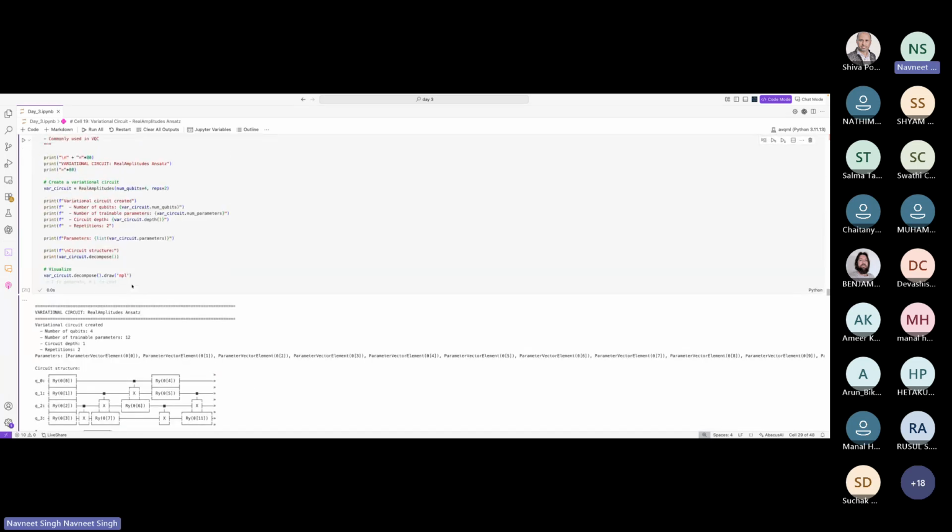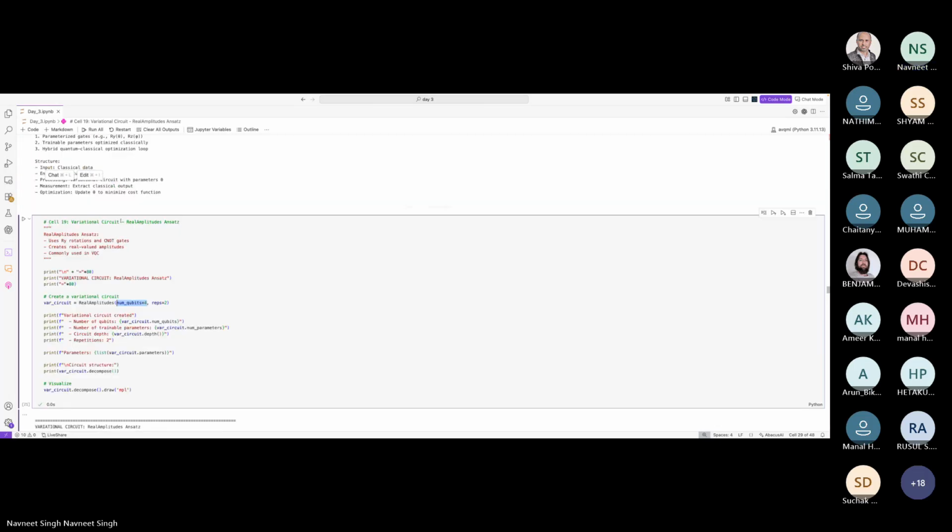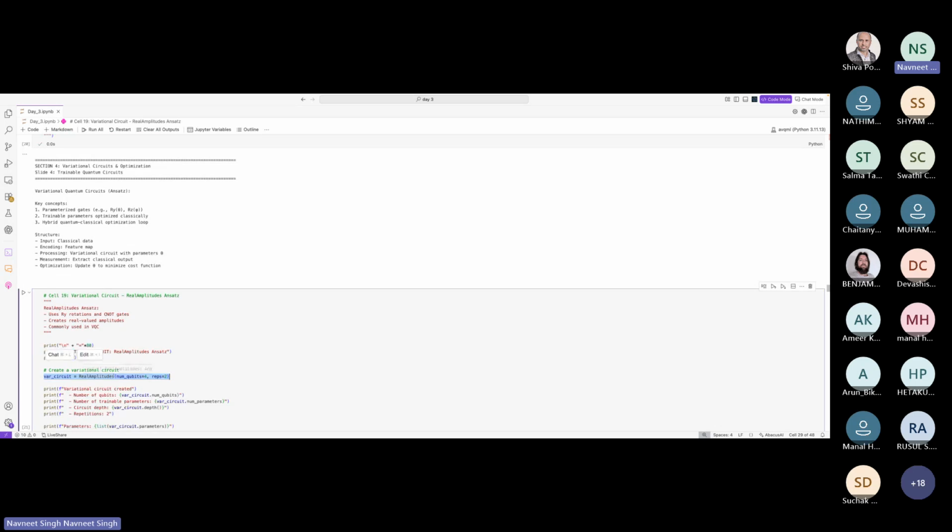This behaves similarly to the repetition, and it needs exactly the same number of qubits as your feature map, because whatever output your feature map has is considered as the input for your variational circuit. Here we are telling the function that we are using 4 qubits, and we want to stack two variational circuit layers with the rotation as well as the entangling gates.